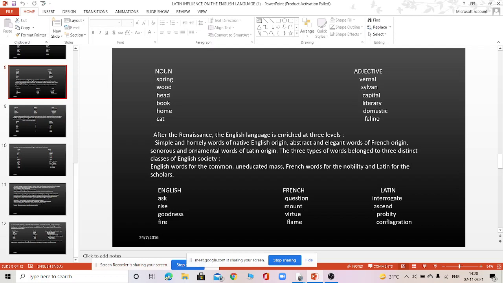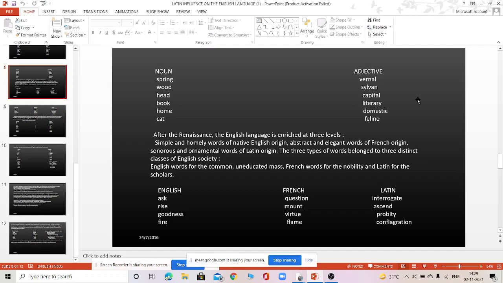Perhaps you will find them in poetry or in fiction, not in everyday use. We do not say that during the vernal time I went there, or I went into the sylvan neighborhood. Head becomes capital. Book, literary, literary composition.